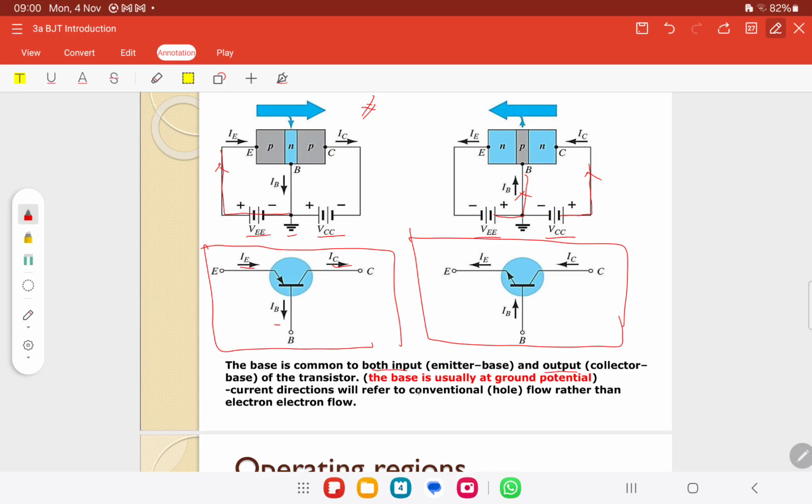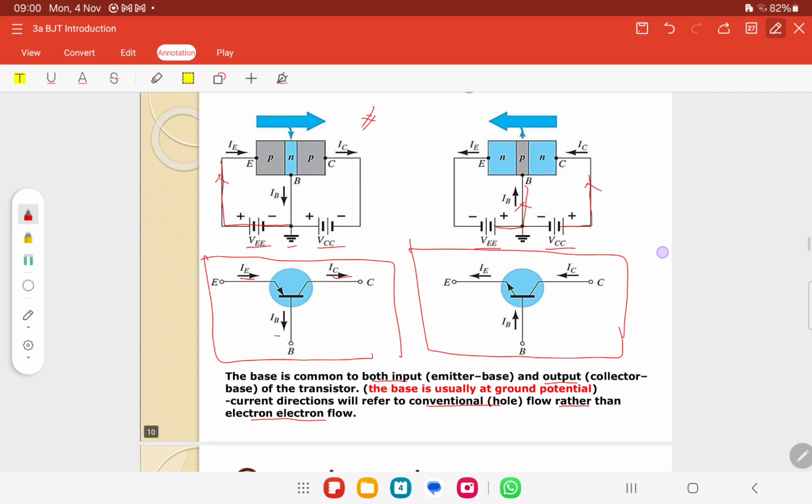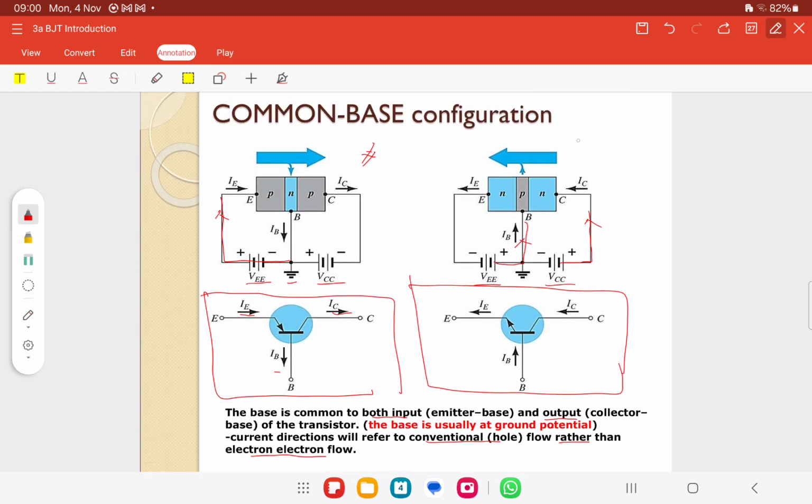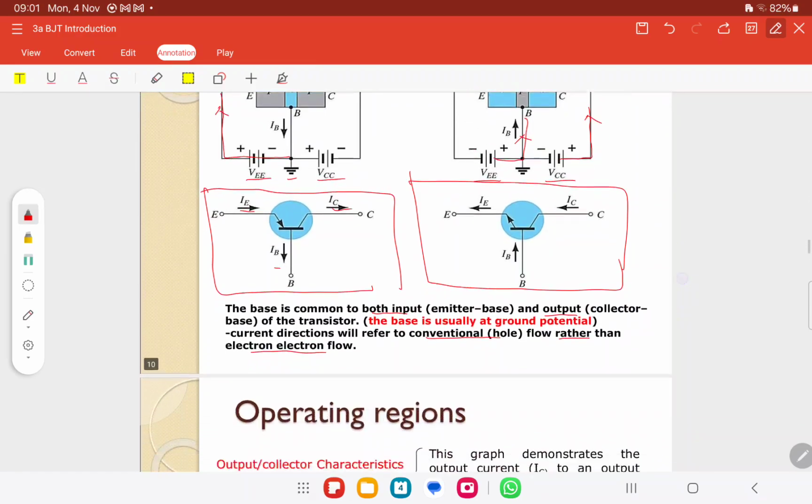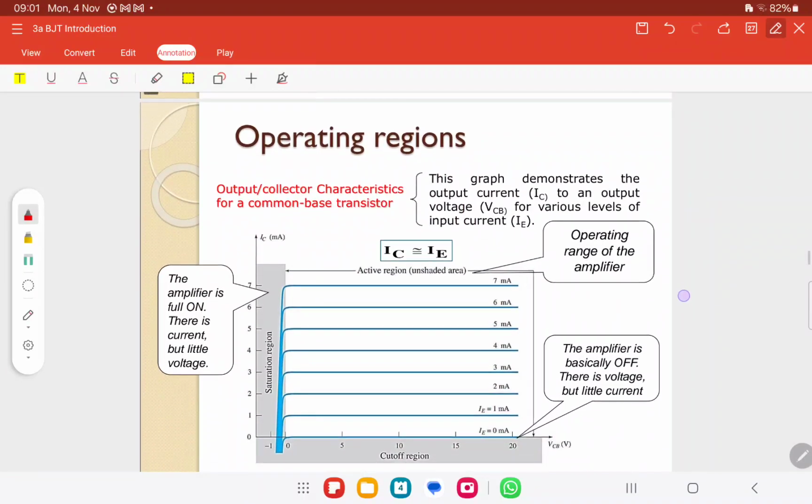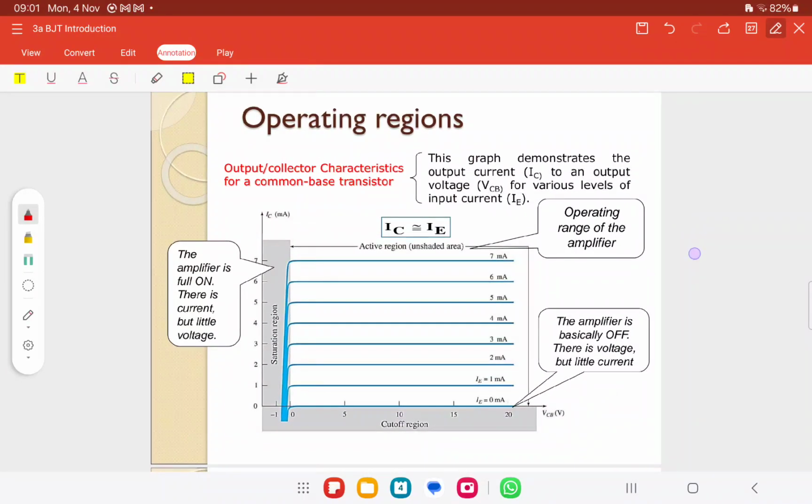Current directions refer to conventional hole flow rather than electron flow, meaning it depends on the polarity of the electric field we apply. But the concept still carries the same: IE equals IC plus IB. Okay, this is for the operating region.